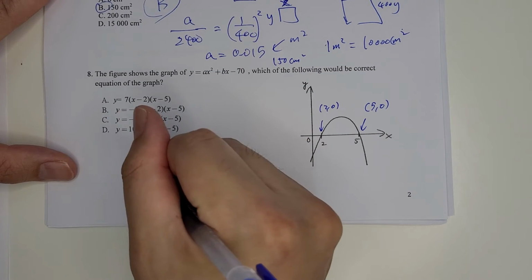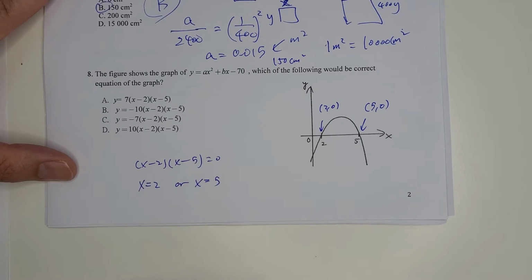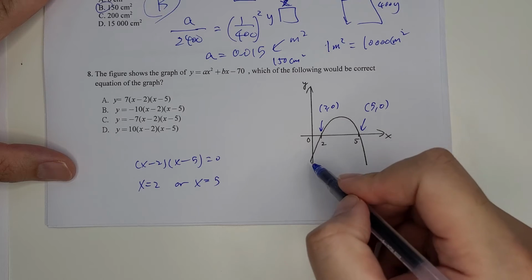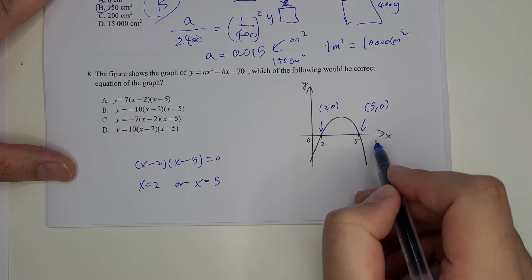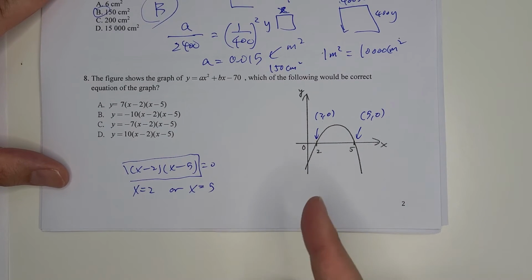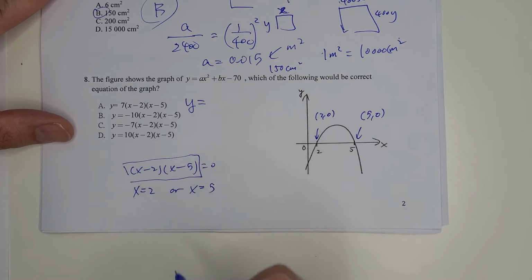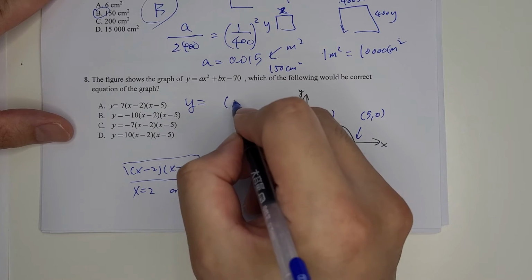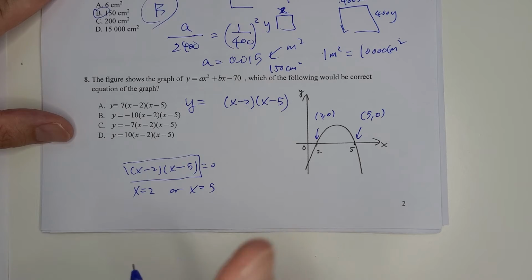So when you change it back into the factor form, it must be something like this. That means when you consider finding the x-intercept of this quadratic graph, the format of the equation must have some factor like this. So you can write, actually the graph y must have something like (x minus 2)(x minus 5) multiplied by a constant a.